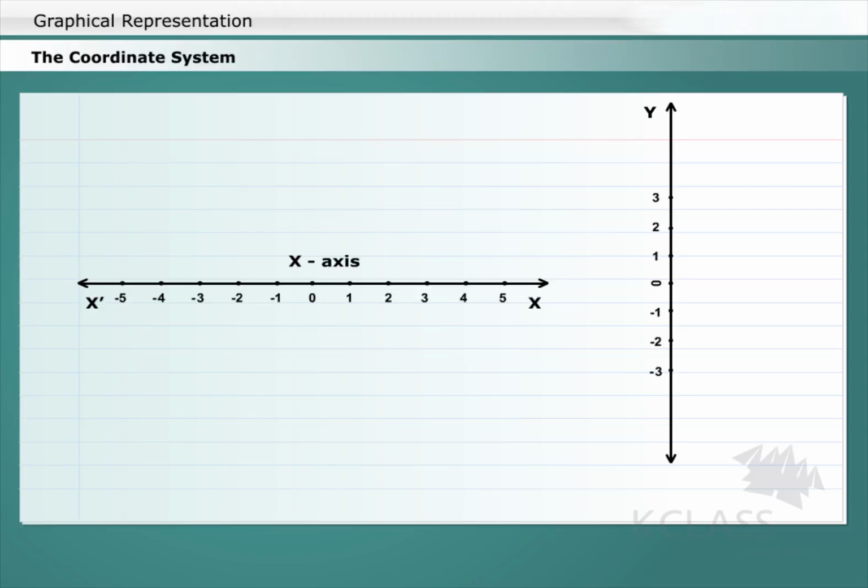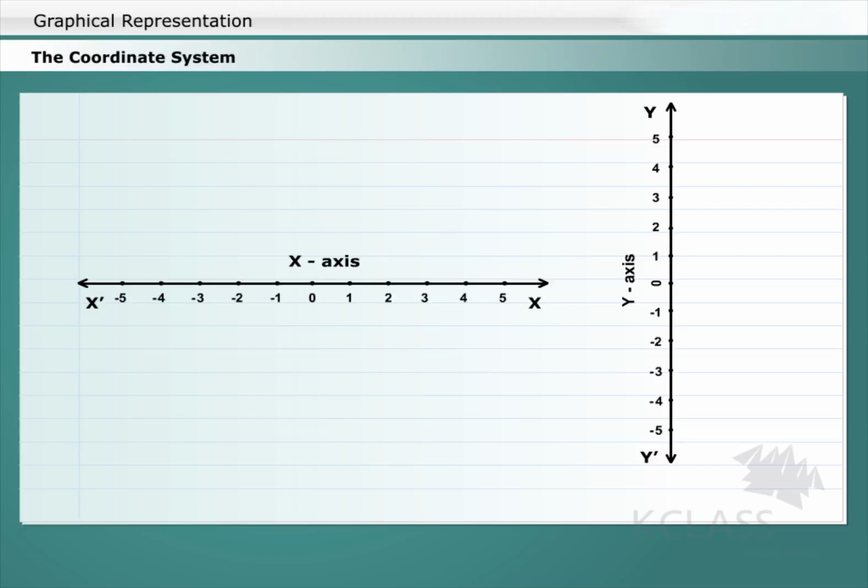Now, suppose instead of an ordinary line, we draw a number line x dash horizontally. We call this horizontal number line the x-axis. Next, we draw a number line y dash vertically. We call this vertical number line the y-axis.